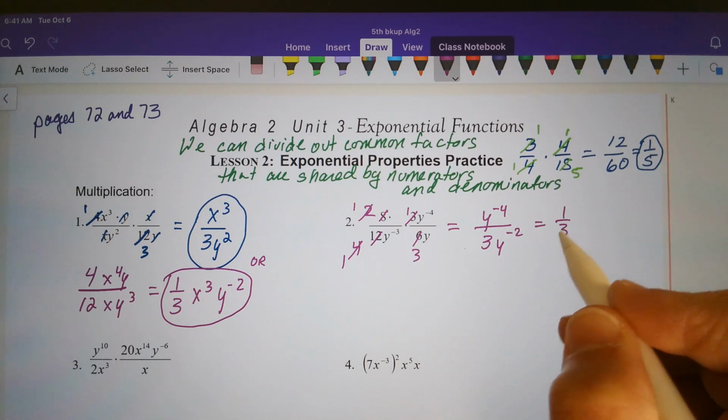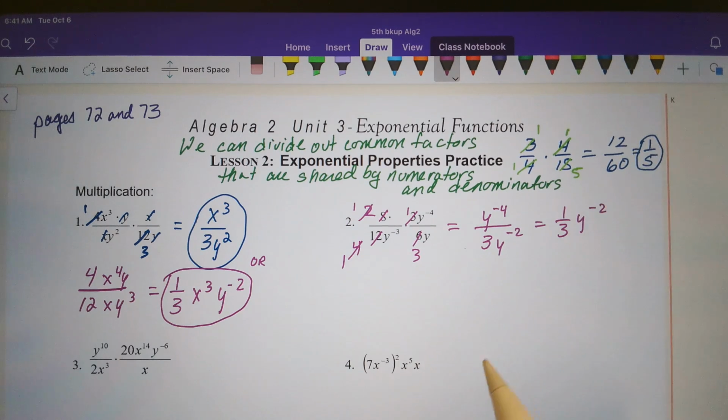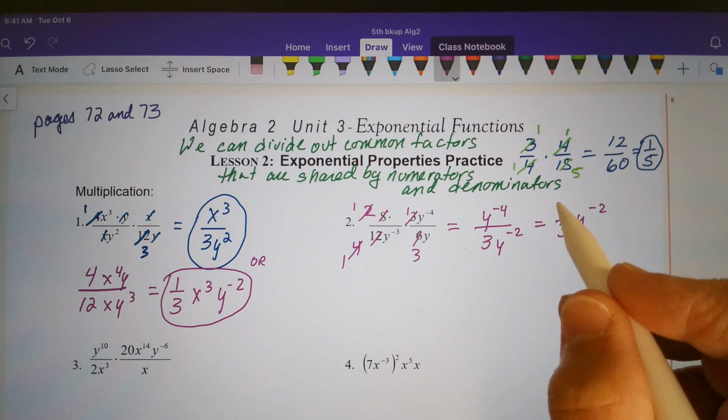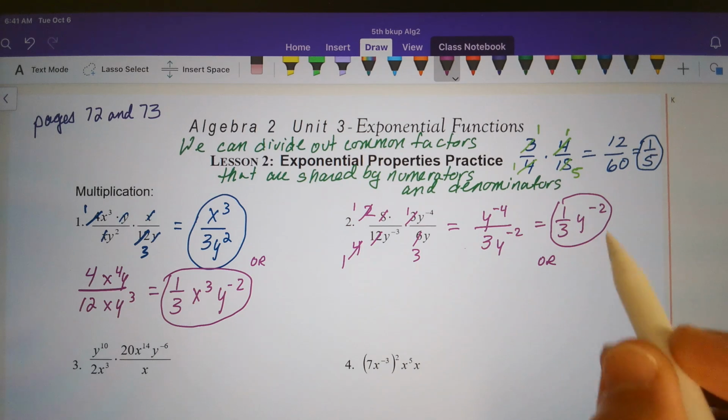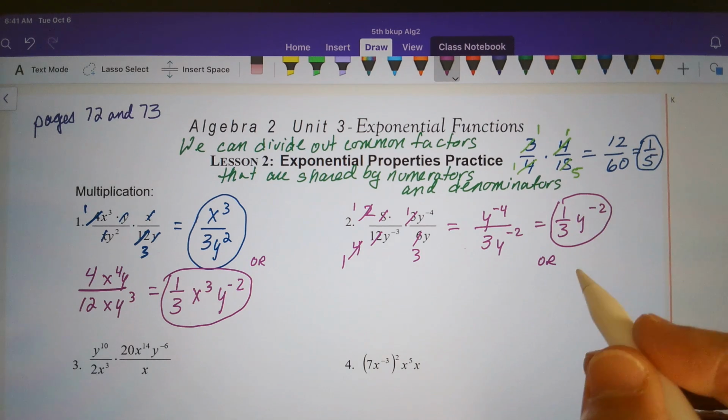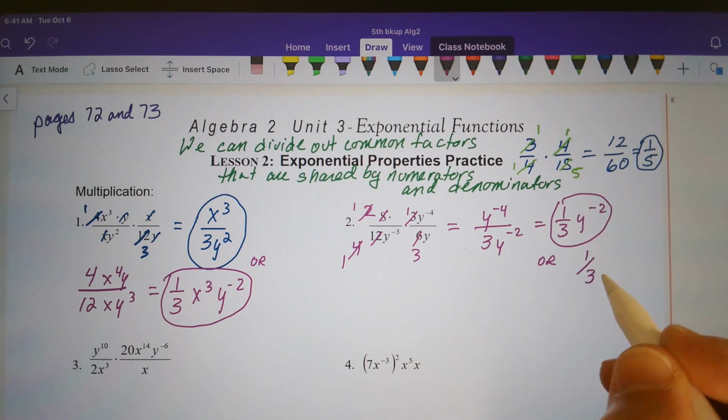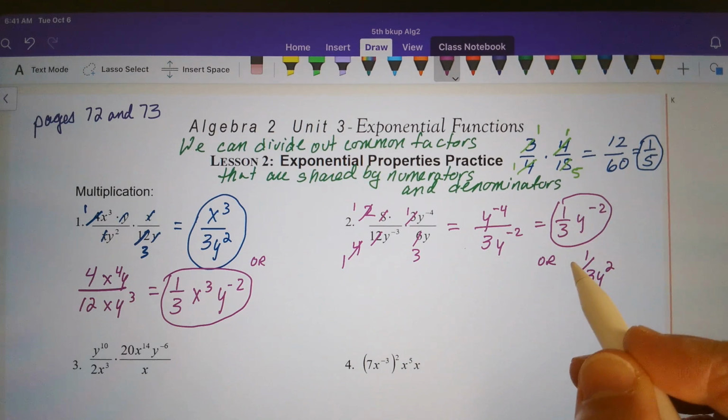So that would be 1/3 y to the -2. We can take this and bring it down into the denominator, 1 over 3y squared. These are equivalent.